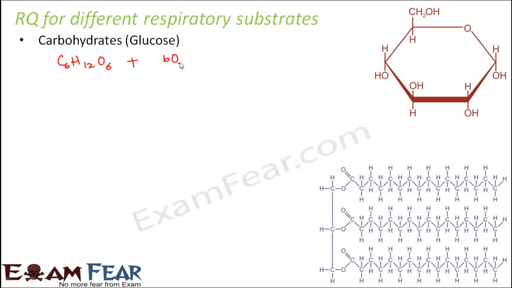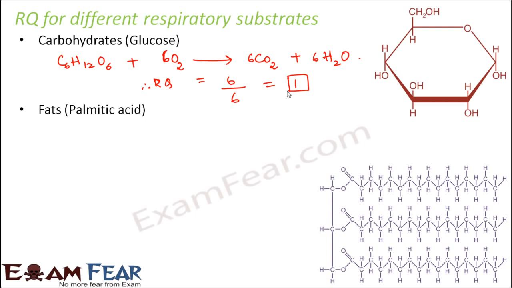When glucose is oxidized, carbon dioxide and water are formed. This is the equation for complete oxidation of glucose. So what would be the respiratory quotient in this case? The number of molecules of carbon dioxide, which is 6, divided by the number of oxygen molecules taken in, which is again 6. So the respiratory quotient is 1.